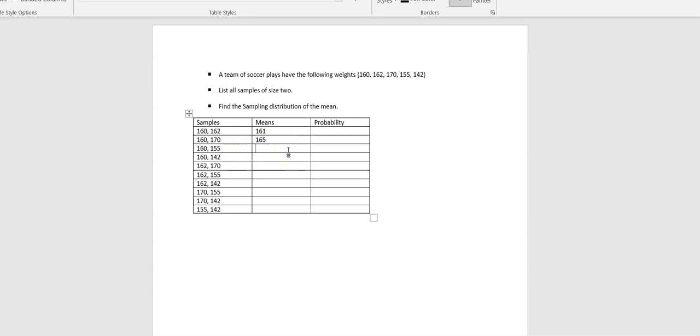This one, 160 and 155, add them together and divide by 2, we get 157.5. This one, 160 and 142, add them together, divide by 2. That gives us 151. 162 plus 170 and divide it by 2.